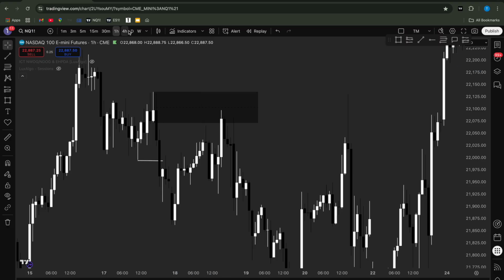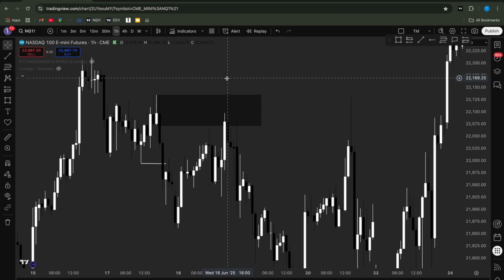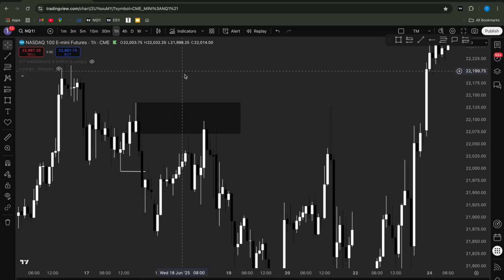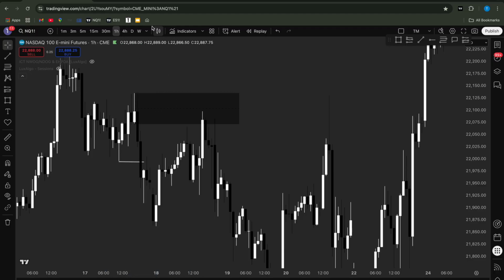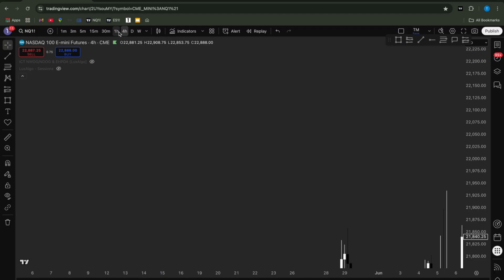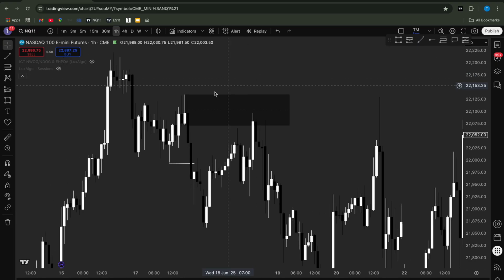So yeah, for your 1 hour and 4 hour, and obviously your daily and weekly, but they're going to be bigger. This is a little bit more complex, so don't worry if you don't get it. Just focus on the core basics of identifying order blocks and what they are. But what you want to do is, within your order block, so you've got a higher time frame order block here.